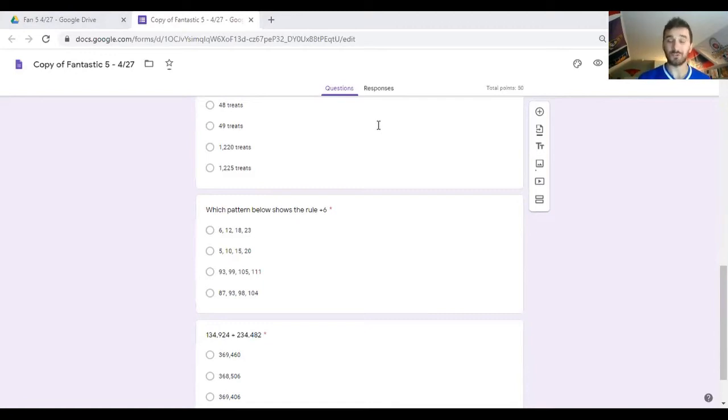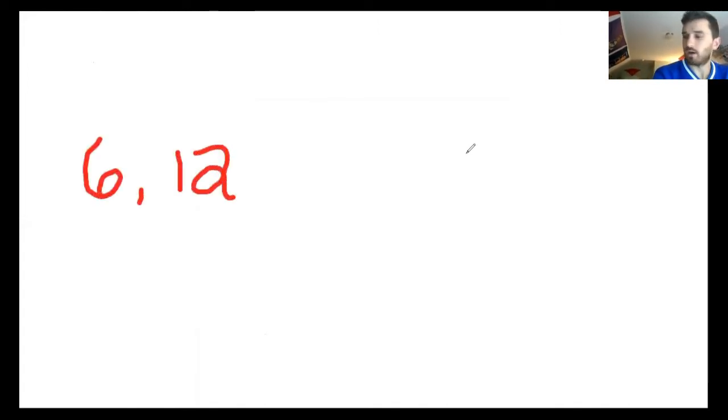If you got this question correct, I'm looking at your data, I'm looking at your name, I'm writing it down saying, wow, so-and-so did awesome. Because for this one, I wanted to know which one of these patterns shows the rule +6. Here's what I guarantee happened. I bet you that the letter A was chosen by 50 people. Because that's 6, 12, 18, 23.